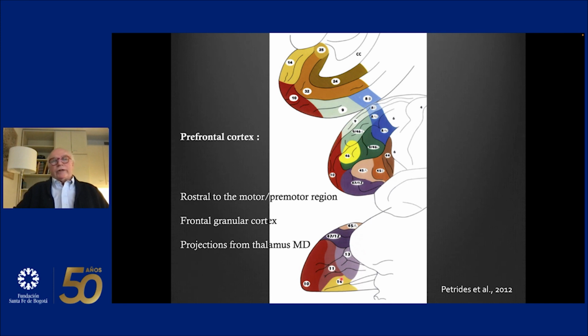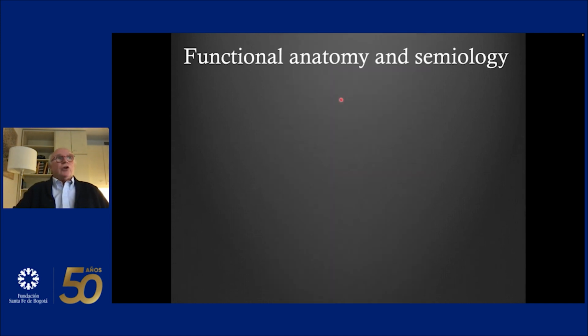The prefrontal cortex is characterized also by the projection from the mediodorsalis nucleus of the thalamus, except in the medial part here, which is a different part. It's in fact cingulate region and paralimbic regions is more connected to the anteromedial nucleus.